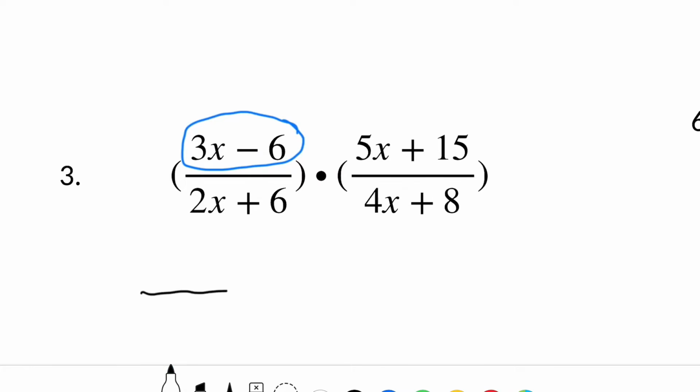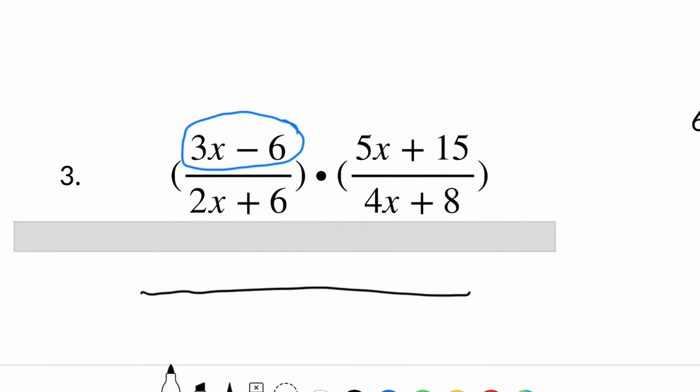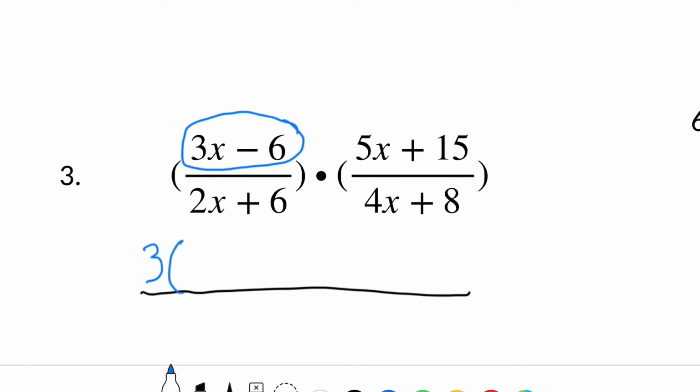And we're going to have a big fraction because we're multiplying straight across. So the first one, is there a GCF? Yes, it's 3. So 3x divided by our GCF gives us x. Negative 6 divided by our GCF, which is negative 2.